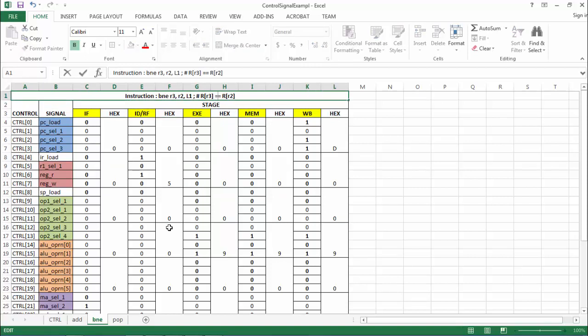Then all you need to do is take care of this selection signal to make sure that PC plus 1 goes through as the next program counter value. Okay, it's a similar thing, but just consider the fact that we need to make a different value for the next PC. Okay, now let's talk about the pop.